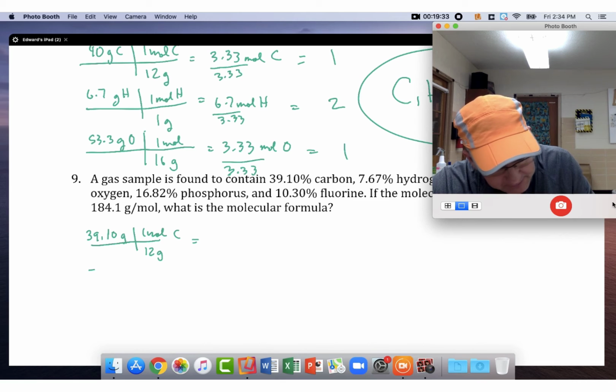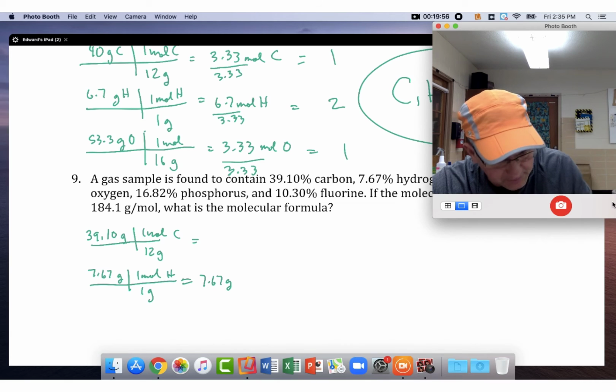We have 7.67 grams of H. We put 1 gram on the bottom, and 1 mole on top. And that's H, and we could do that one in our head, 7.67 grams of, or moles of H.